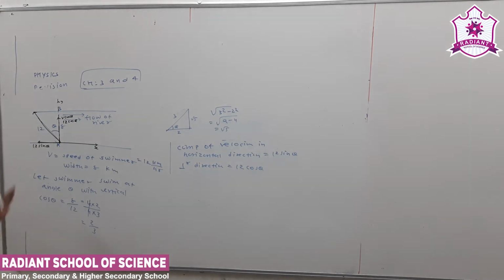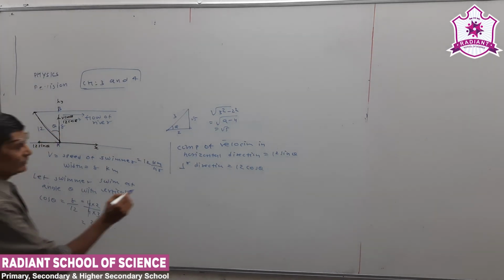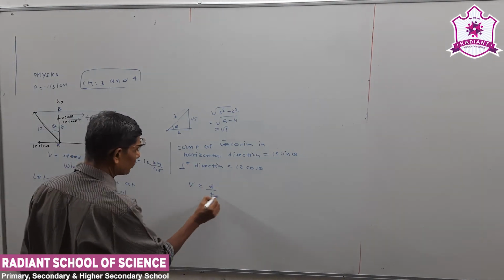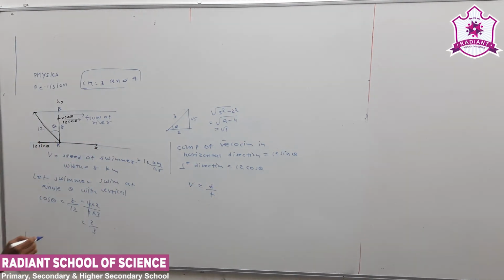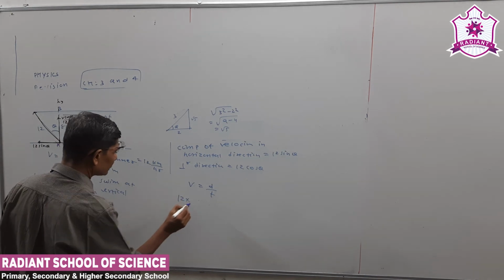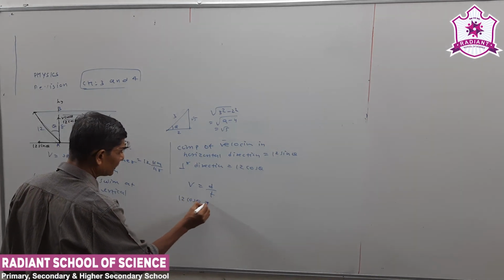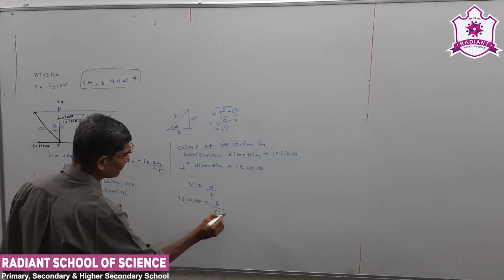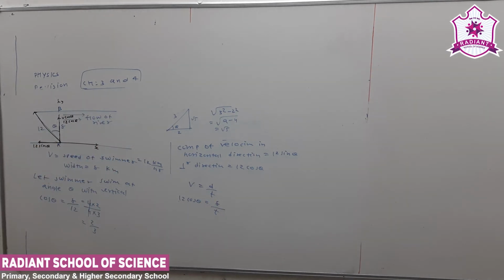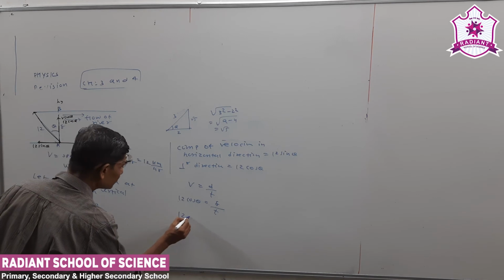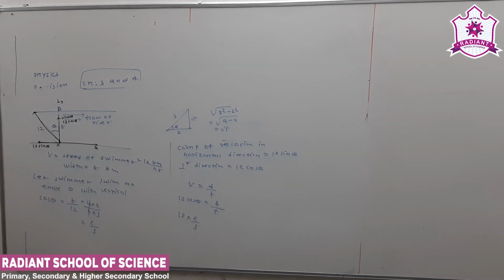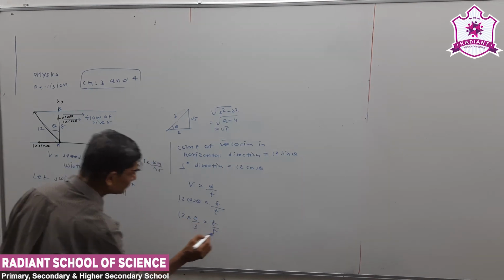Now see, the distance covered is 8 km. Now V is equal to d upon t. 12 cos theta is the component, distance is 8 km, times t. Now the cos theta value is 2 by 3, equal to 8 upon t.